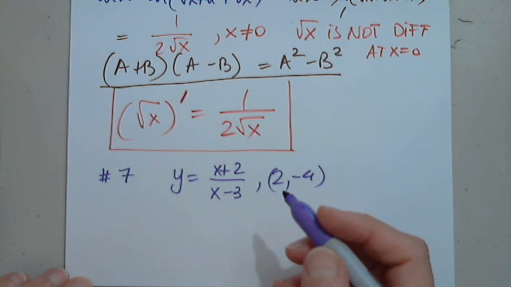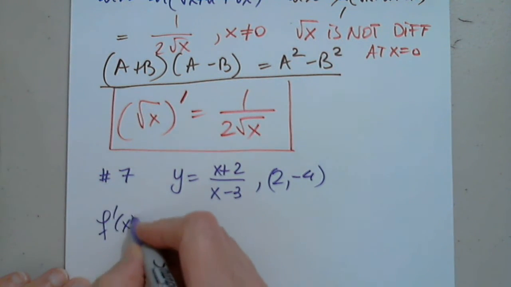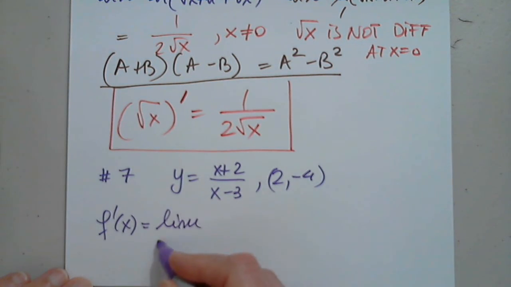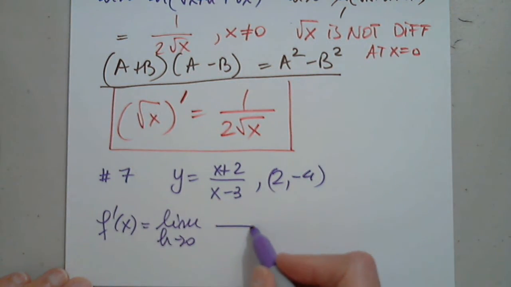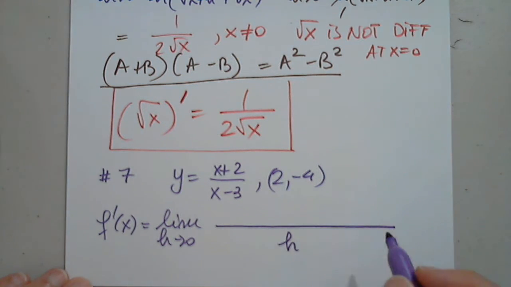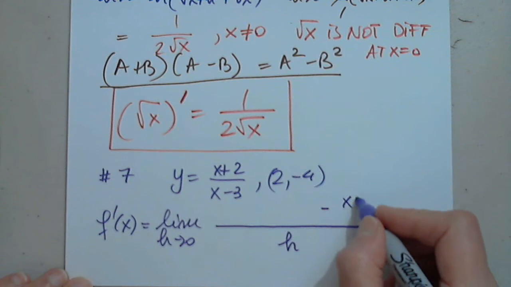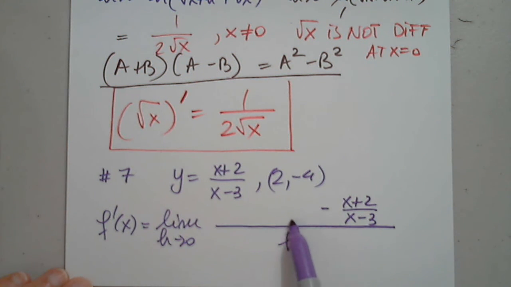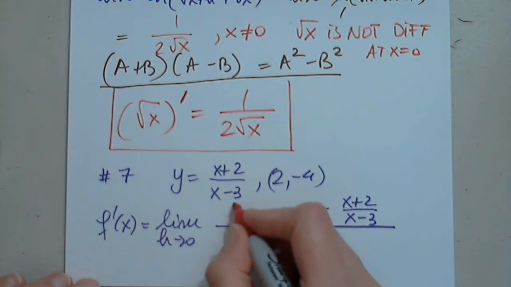What we did not determine at that time was f prime, because we did not know what the limit meant. So the denominator is h, then this is x plus 2 over x minus 3. So what am I missing? Can anyone dictate this part? That's the x plus h, right?